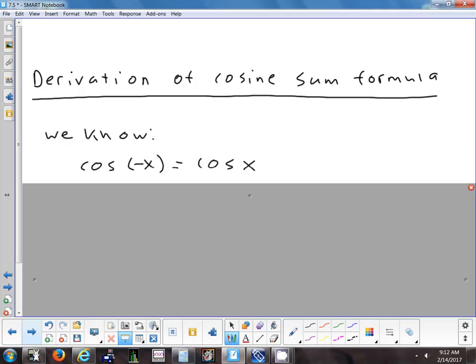First of all, if you take the cosine of a negative angle, the negative doesn't really matter. I think we've looked at that before. So if you had the cosine of -20 degrees, it's exactly the same as the cosine of positive 20 degrees. There's no difference.